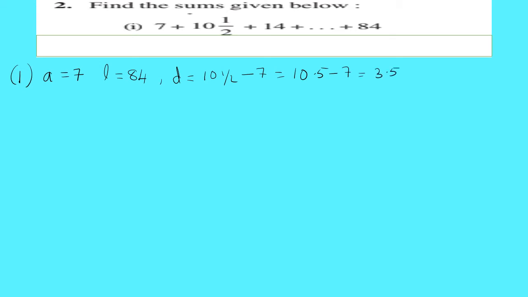Now here the number of terms is not given. That means n equals what, that you have to find. So the first step is you have to find n.